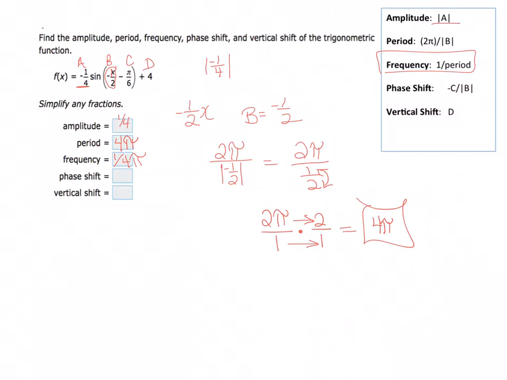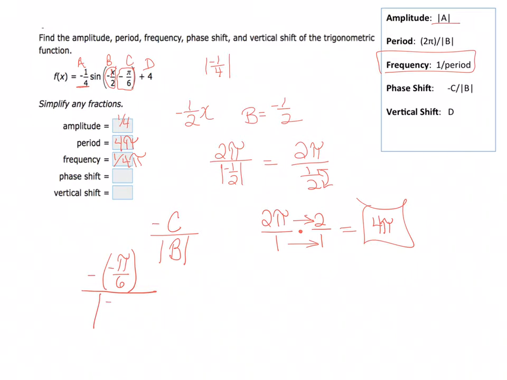Phase shift, in each case, is negative C over absolute value of B. So phase shift is going to be negative C over absolute value of B. Now, C is negative pi over 6. So we are saying a negative negative pi over 6. So it's really important to pay attention to those negative signs.